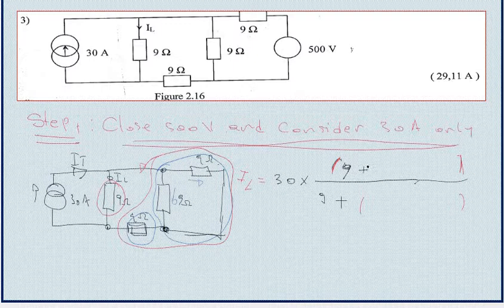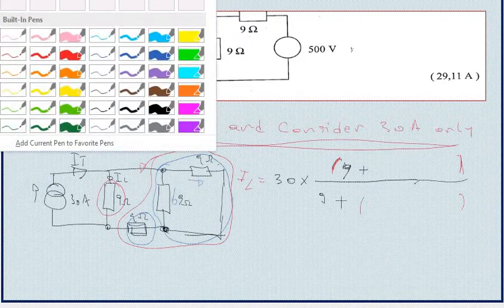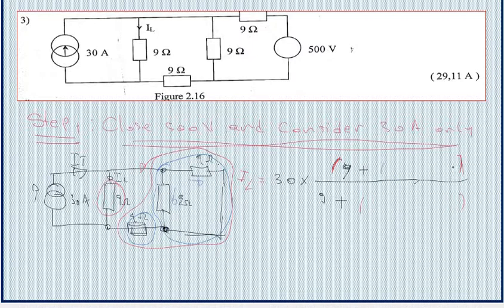So I have 9 plus, and here I need to find the equivalent resistance of the blue block. Its value is the same as that one, so we need the same bracket at the bottom. So we have 9 plus. Now I need to look inside the blue block, where I've realized I have two resistors that are in parallel.